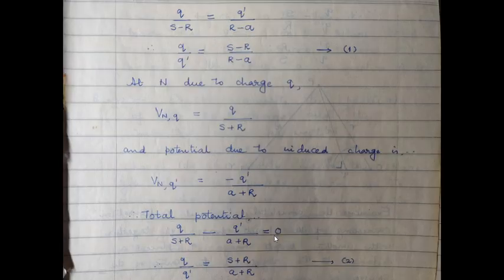Substituting this, we find Q upon Q dash is equal to S plus R upon A plus R, that is equation number 2.